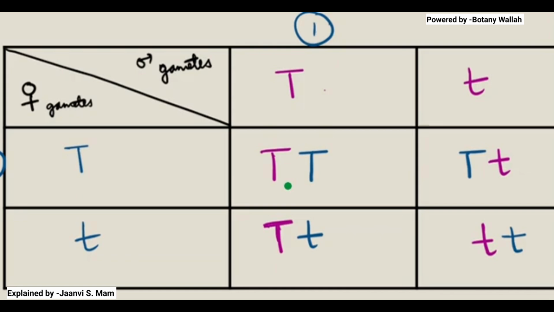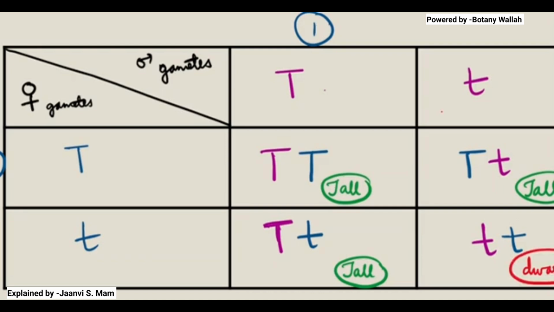So if you can see, capital T is for tallness, tall height. Even this is for tall height, heterozygous tall. And what is homozygous dwarf? This is dwarf height, meaning short height.